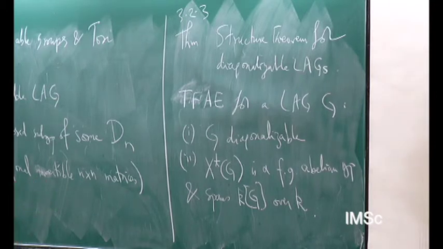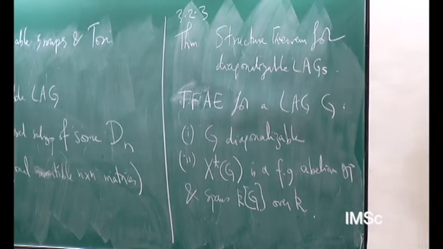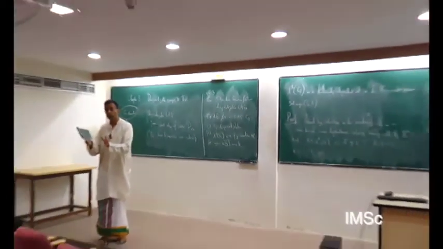But right now, even if it is a little abstract, because we don't know how big X star G could be, or we haven't seen one example of an X star G, never mind. But abstractly, it makes sense, right? It's a group. It's a subset of K[G].